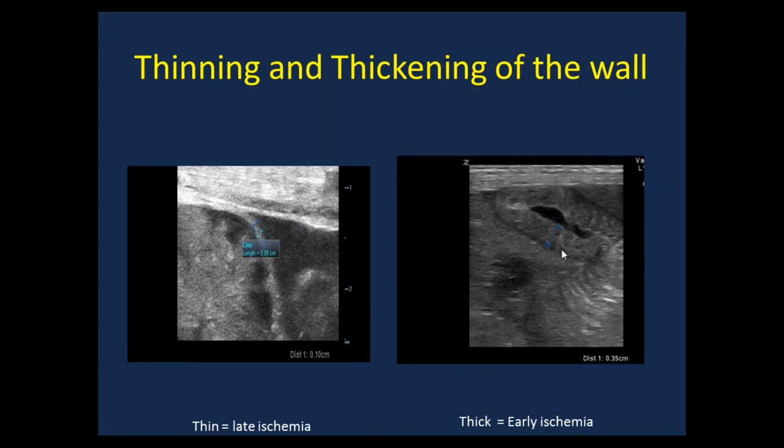On the right-hand side we can see a loop of the jejunum, which is very thickened, measuring 0.35 centimeters, which is higher than the upper limit for the normal intestinal wall thickness, again between 0.11 and 0.26 centimeters. So the first image is consistent with late ischemia. Thinning is a sign of late ischemia, and thickening is a sign of early ischemia.